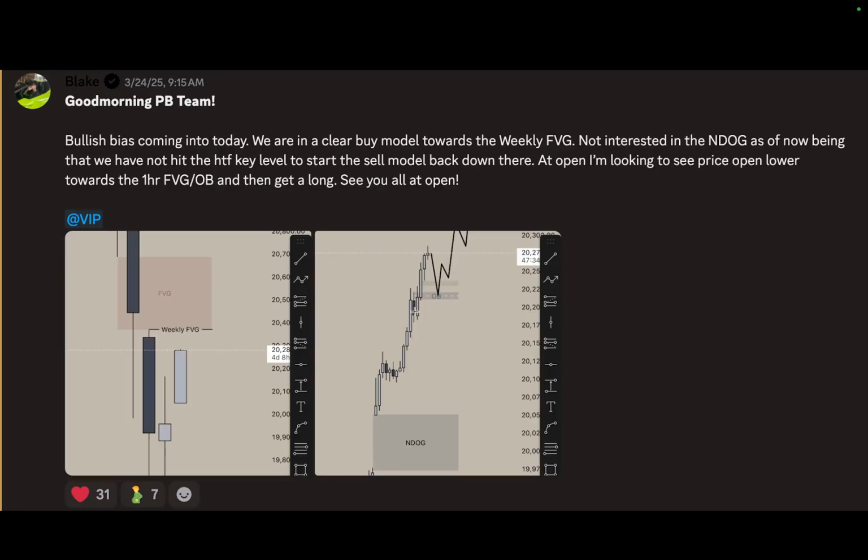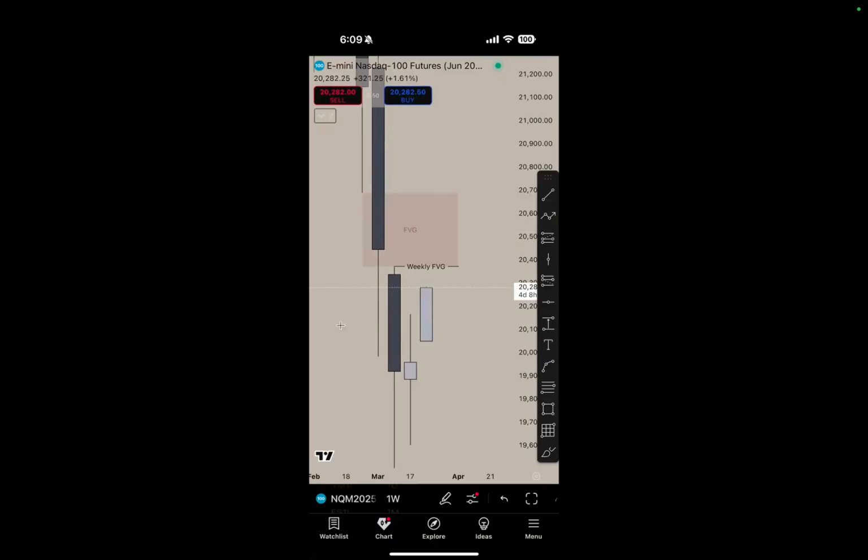But when we are just simply respecting bullish, we're clearly in bullish order flow, right? I don't really need to go more in depth than that, we are just in bullish order flow. It's very obvious we're going higher. There's no reason to be bearish, right? So just wait for price to tell you, and that's our weekly fair value gap.